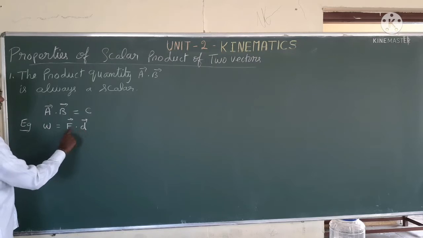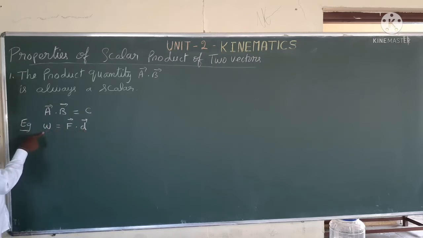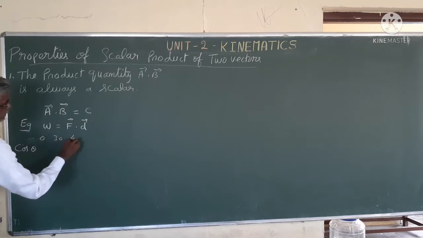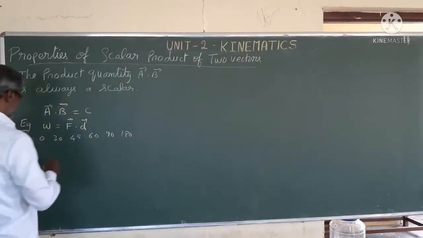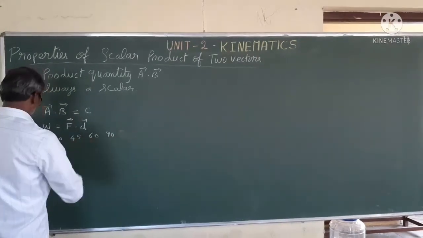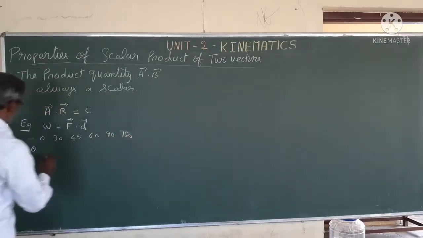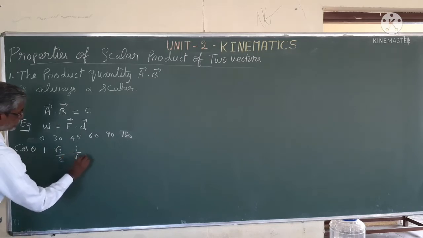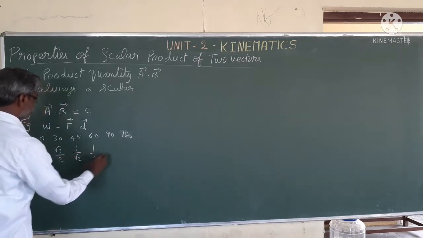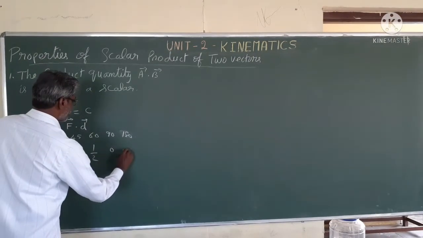The dot product of these two vectors will be equal to one scalar. Clear? Now we know cos theta for 0, 30, 45, 60, 90, 180: cos 0 is 1, root 3 by 2, 1 by root 2, 1 by 2, 0, and this is minus 1.